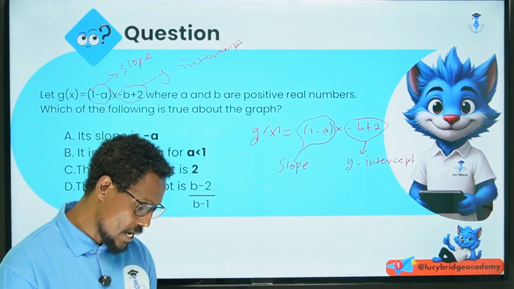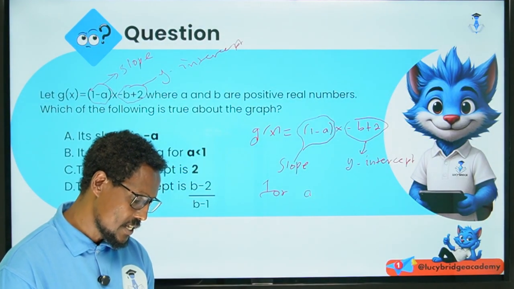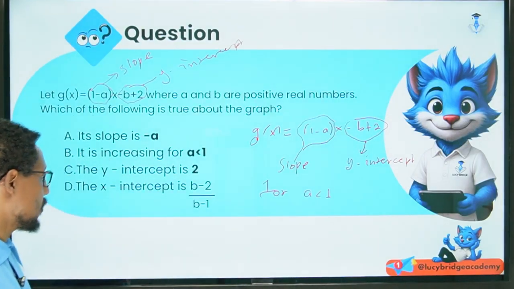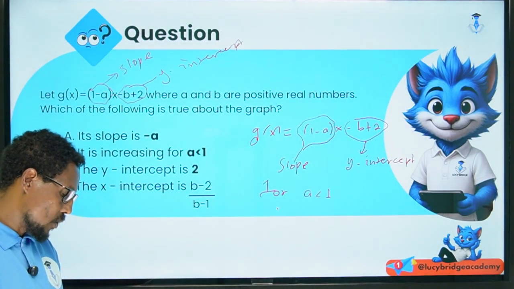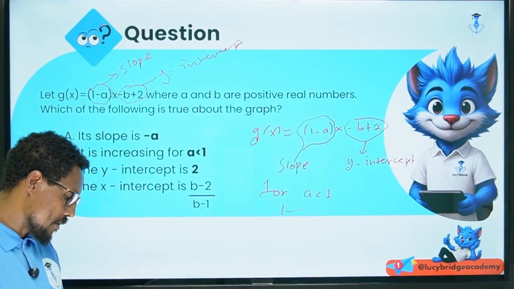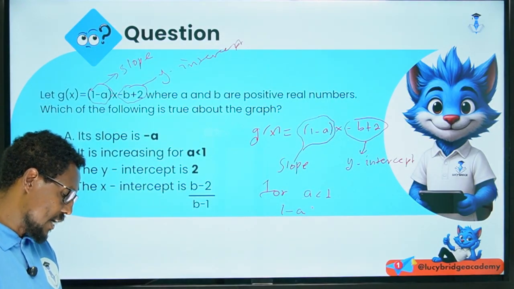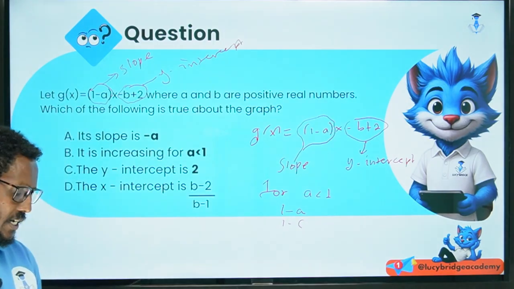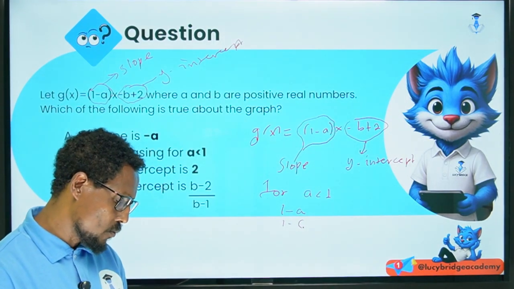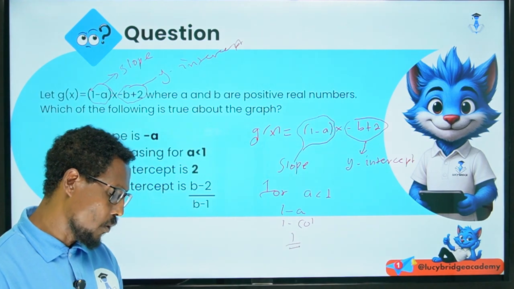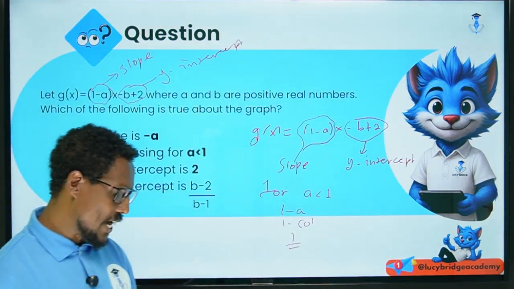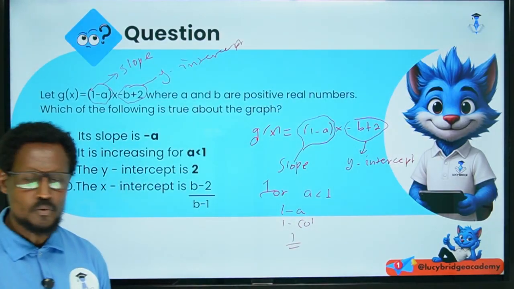For a less than 1, what will our slope be? Our slope is 1 minus a. The a value is less than 1. So if you want, take any number less than 1. You can take 0. 1 minus 0 is 1, which is positive, so the slope is increasing. When the a value is less than 1, 1 minus a is a positive number.